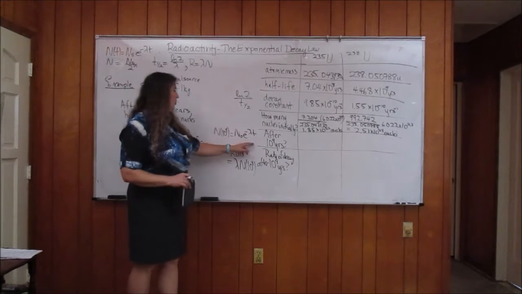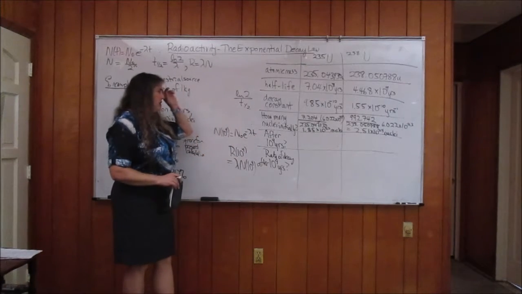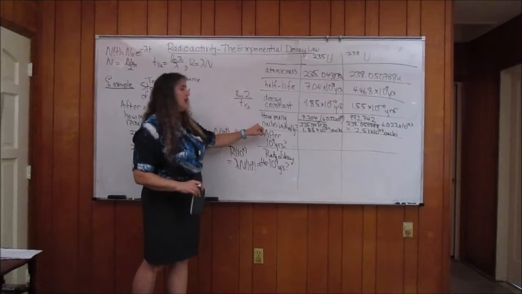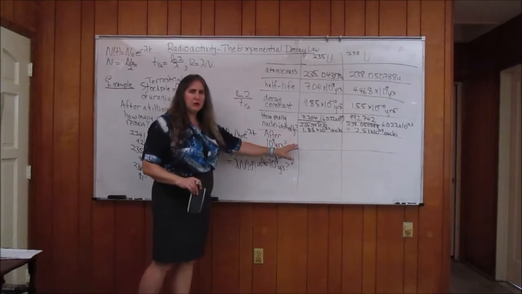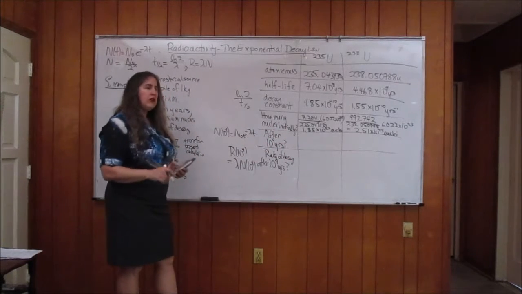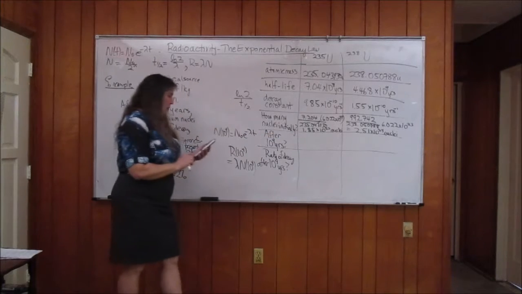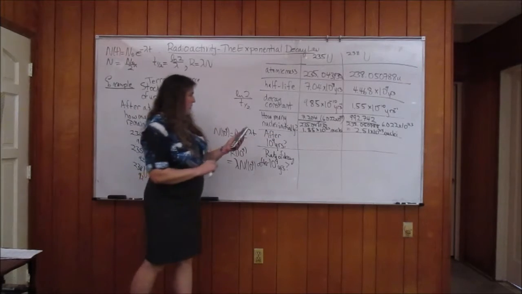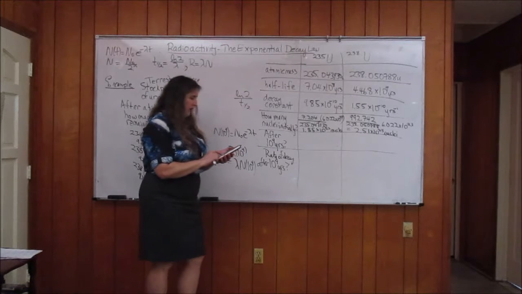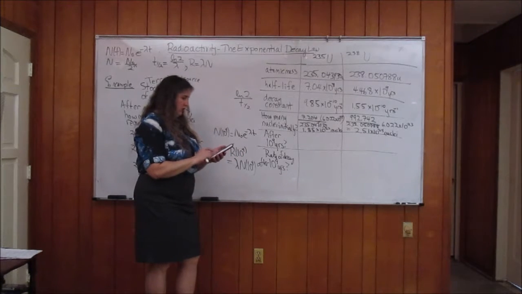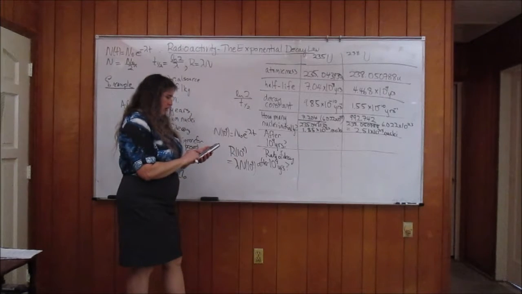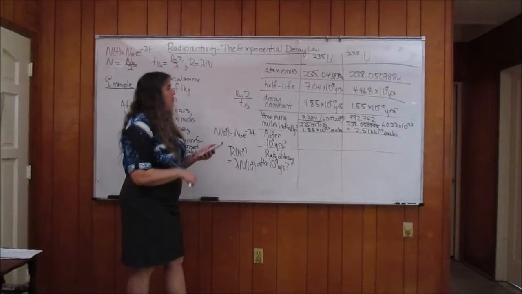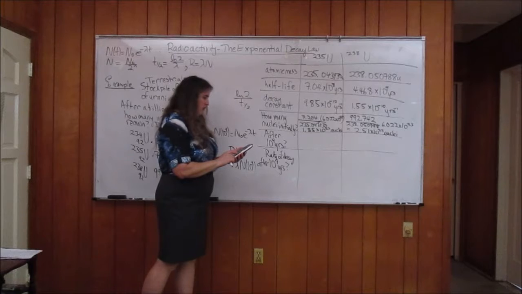Now, to answer the question, after 10 to the 9th years, we need to start out with the number of nuclei available initially and multiply by e to the minus lambda t. Since I'm running out of space, I'm just going to do the calculation and write the answer in the appropriate space. So for U235 this will be 1.85 times 10 to the 22 times e to the minus 9.85 times 10 to the minus 10th times the length of time, which is 1 billion years.